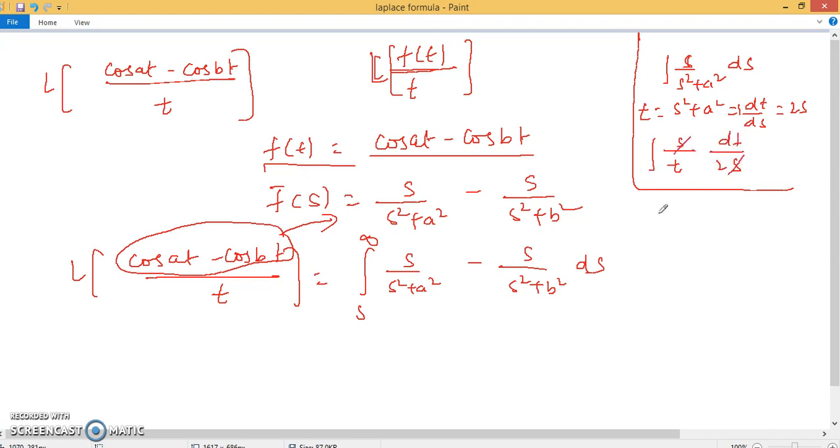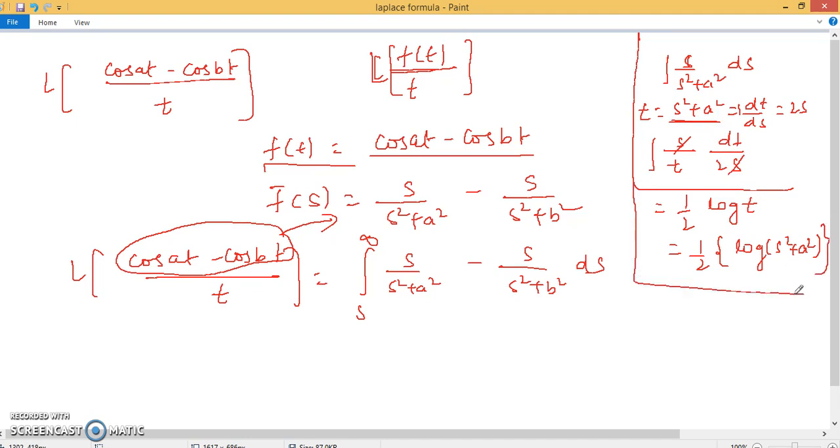The s cancels, so you get 1 by 2, and the integration of 1 by t is log of t. So 1 by 2 log of s square plus a square. You can do this integration if you know the substitution which you studied in the PUC 12th year.